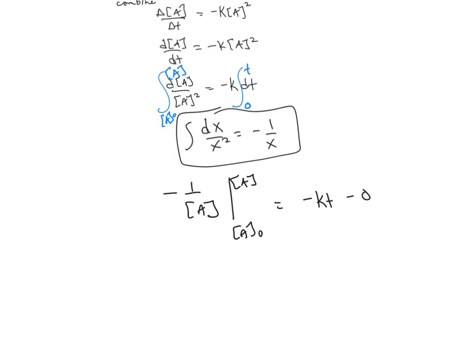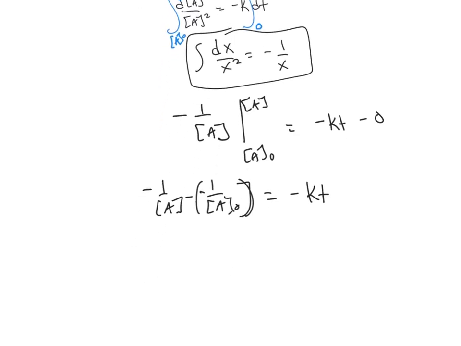So then you have negative 1 over A minus a negative 1 over A initial equals negative kt.